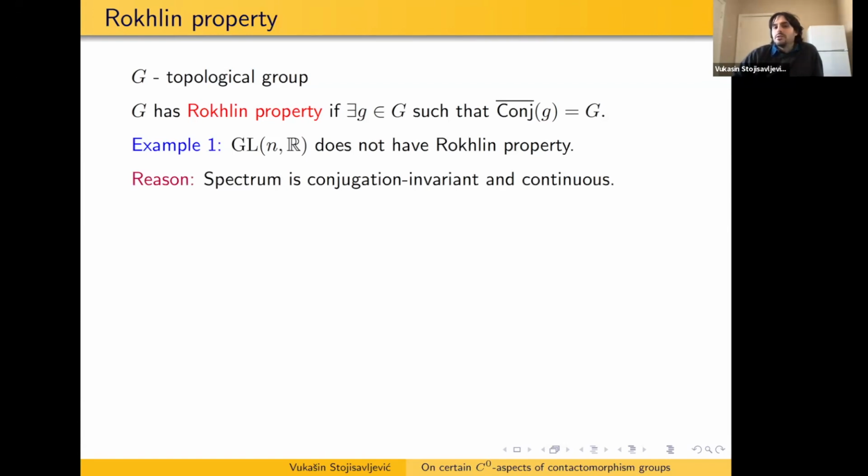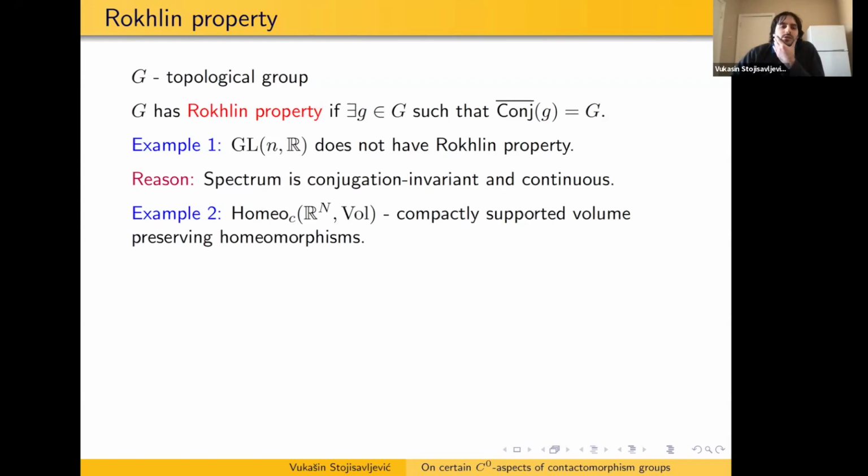For example, the characteristic polynomial is conjugation invariant, and its coefficients are continuous. So you have a very simple invariant which obstructs the Rokhlin property, right? Because if the group was Rokhlin, then this spectrum would have to coincide on all elements by the definition.